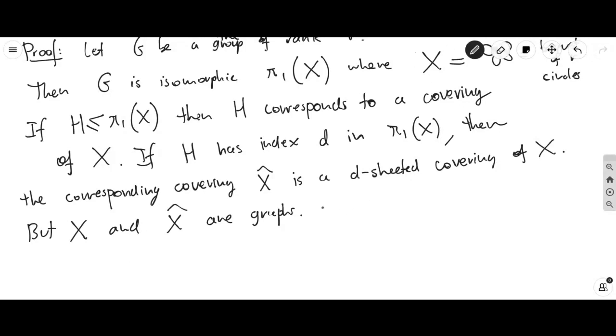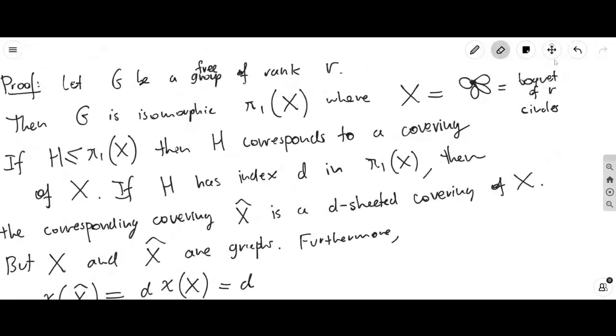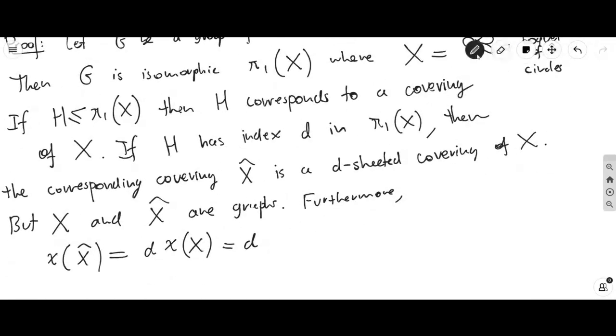And furthermore, the Euler characteristic of the covering graph is equal to d multiplied by the Euler characteristic of the base graph. And the Euler characteristic of a bouquet of circles, you have to do a little bit of a computation, but it is equal to 1 minus r, where r is the number of circles that you have.